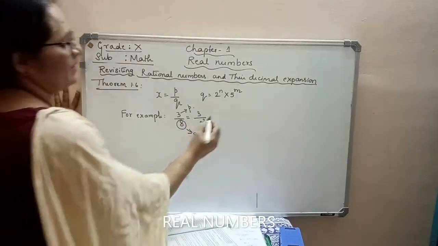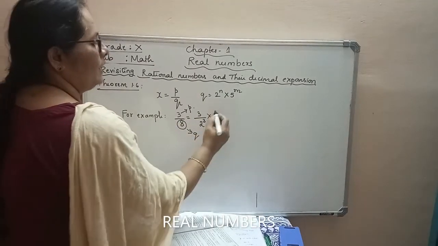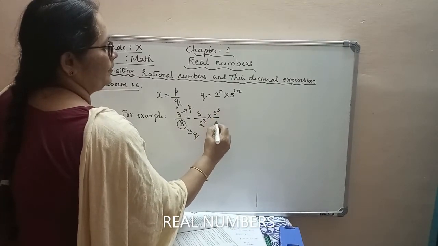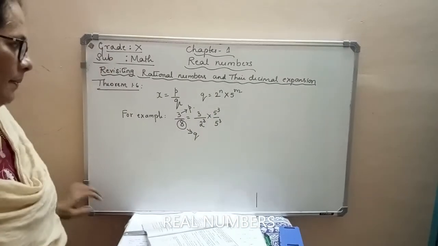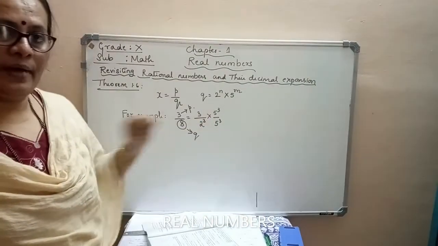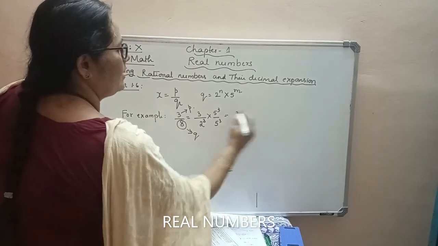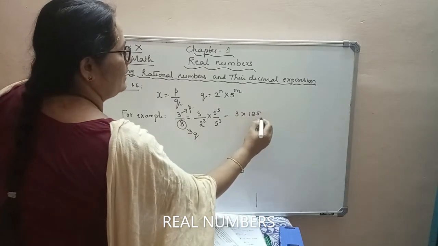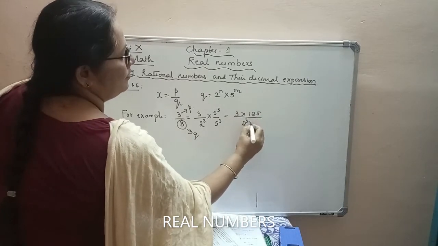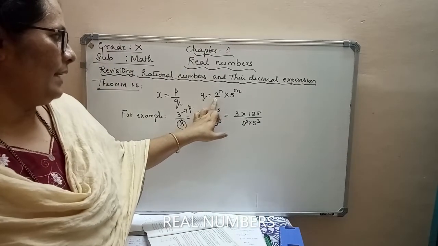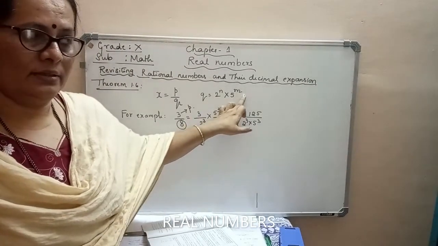Now we'll try. I will multiply both sides by 5 cube. Now 3 into 5 cube is 125 and the denominator is 2 cube into 5 cube, which is in the form of 2 to the power n into 5 to the power m.